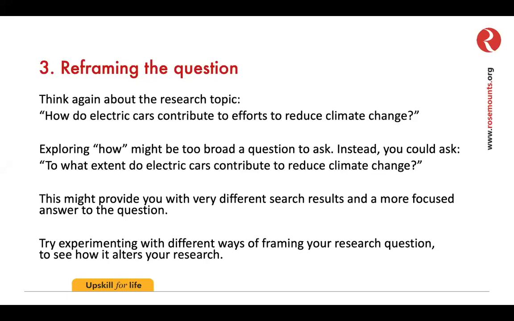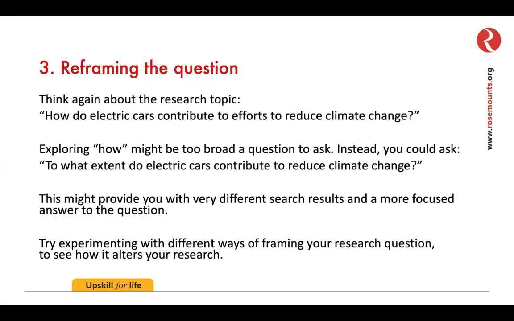So look at Google as a child who doesn't have much mind of its own. I mean, it does talk about artificial intelligence and algorithms and all of that, but that's all said and done. It's not a very brainy person, at the end of the day. So you need to be very specific, and sometimes you need to reframe what you're asking for. Exploring how, for example, might be too broad a question to ask.